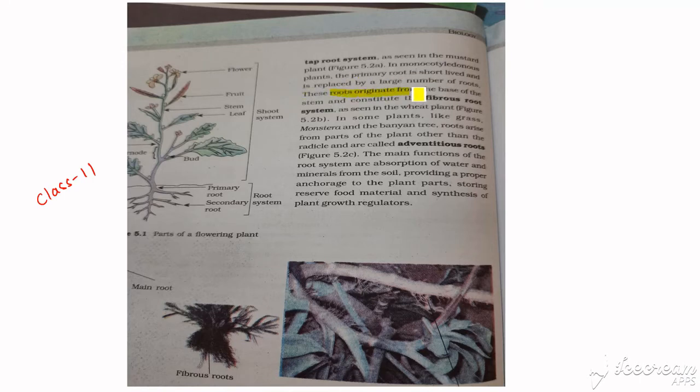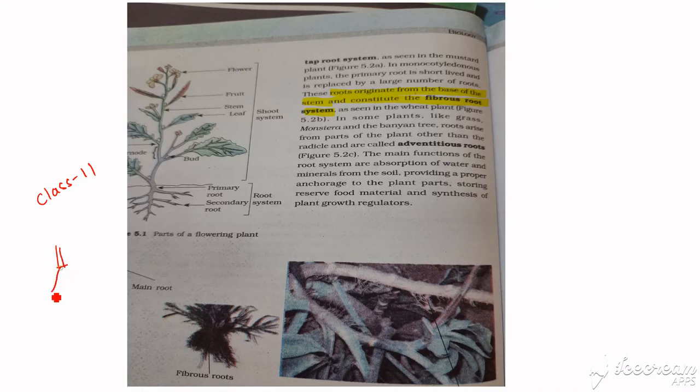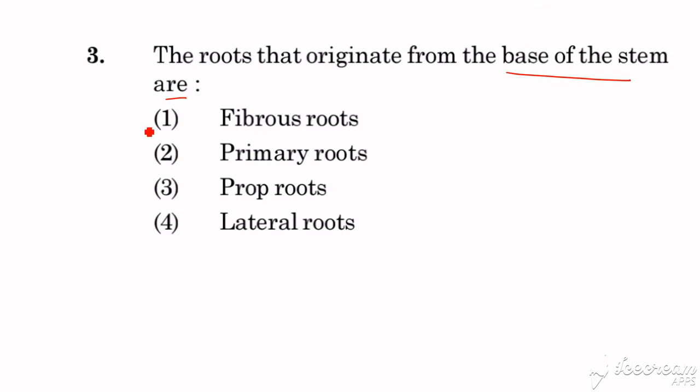The roots originated from the base of the stem constitute the fibrous root system. So the roots that originate right from the base of the stem are called fibrous roots, as you can see in the picture as well. So that is the fibrous root and our answer is option 1, fibrous root.